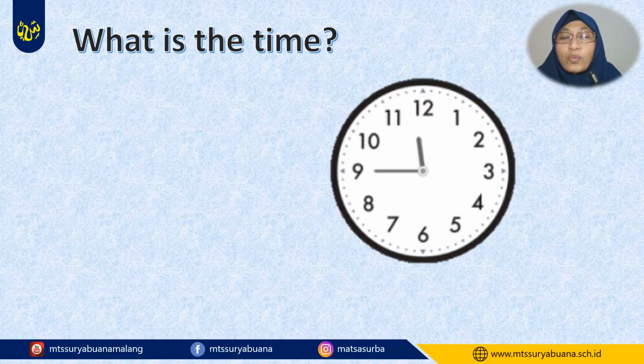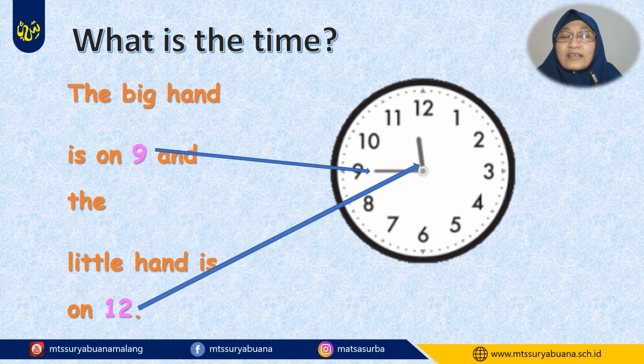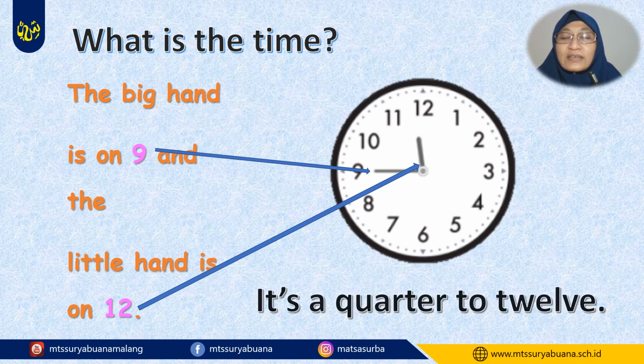And now, what about if the big hand is on number 9 and the little hand is on number 11? We read this as 11:45.